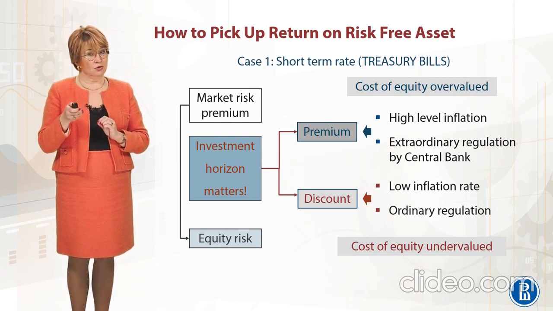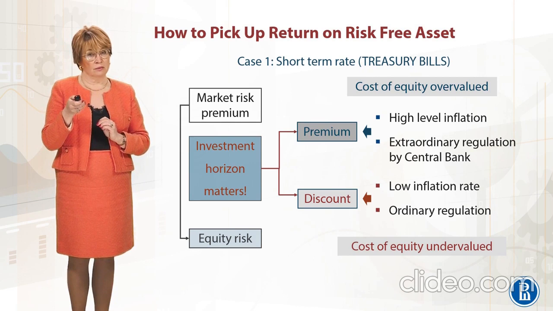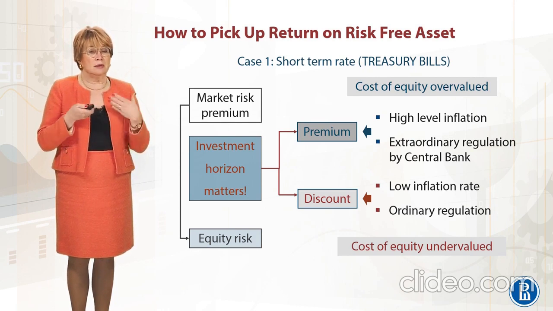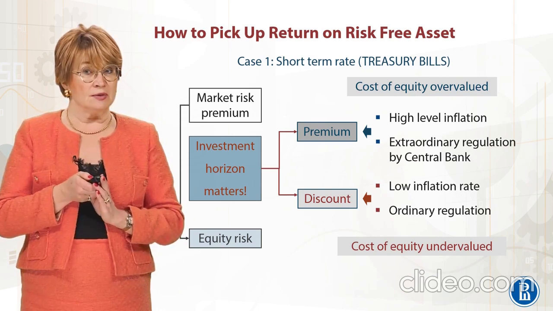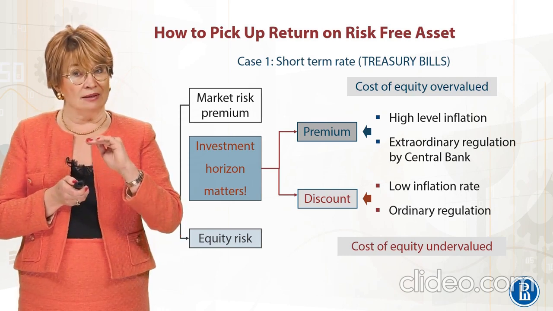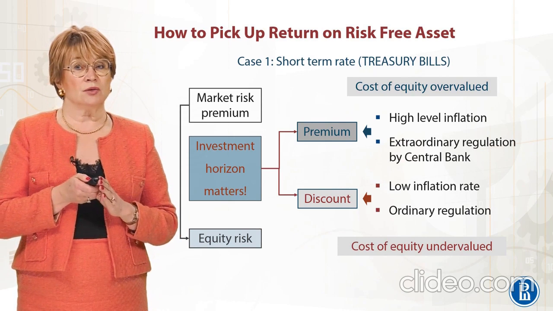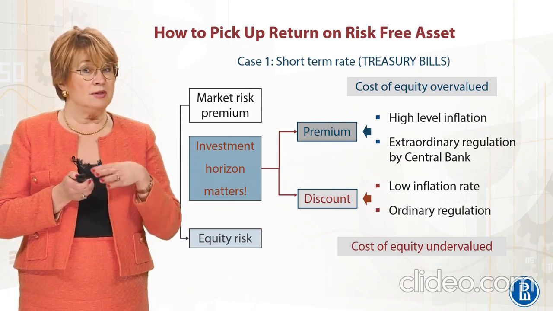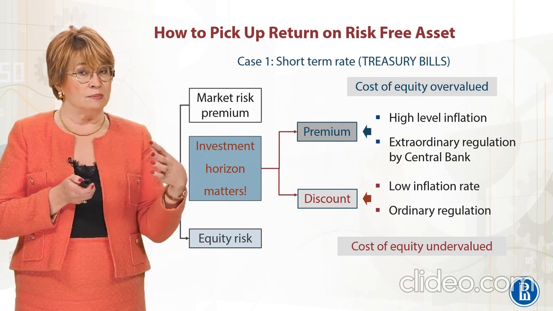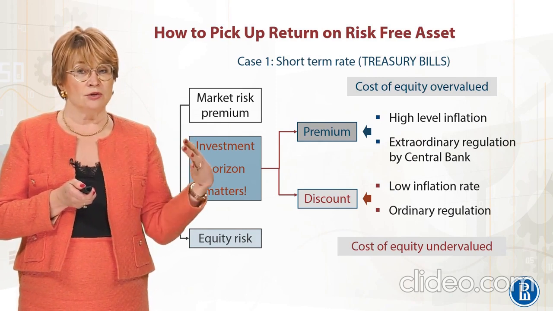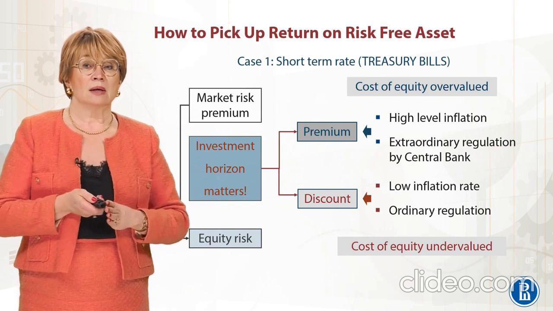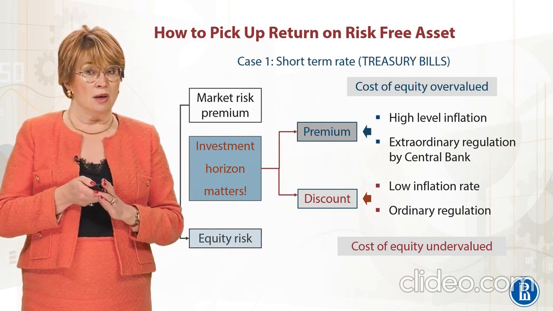In the opposite situation, situation number two, when we are in a period of low inflation, really very low and very stable inflation rates, and the central bank does not apply in that period some extraordinary measures or activities in its regulation policy.